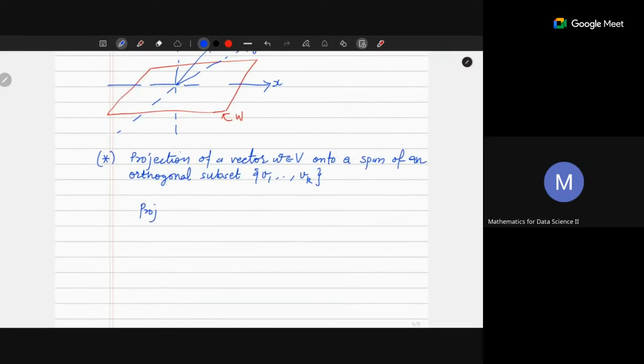So I define the projection. First let S denote the span of V1 to Vk.